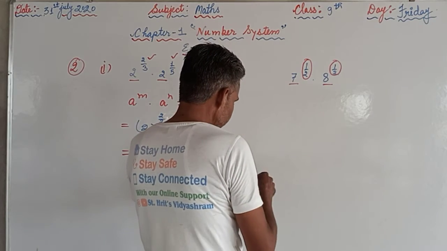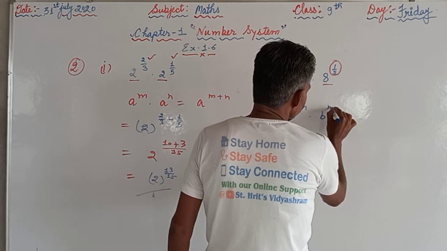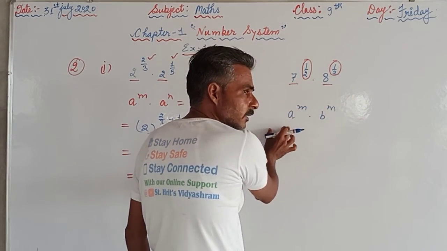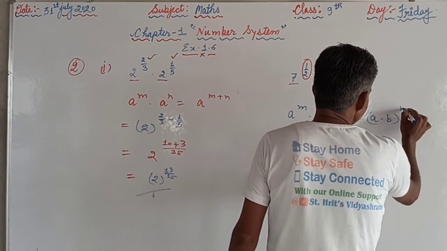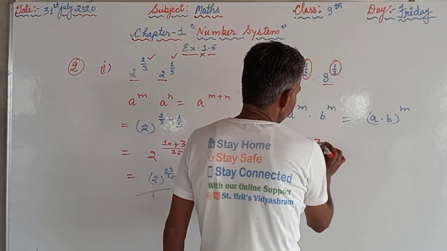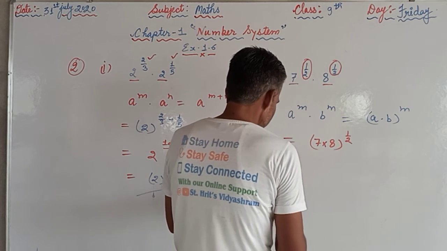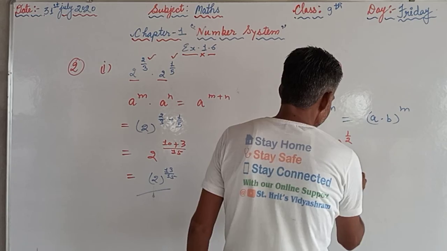So if it is like that, a raised to power m into b raised to power m, means the exponents are same and the bases are different, then we can say a into b raised to power m. So here the answer will be 7 into 8 raised to power 1 by 2 and the answer will be 8 7s are 56, 56 raised to power 1 upon 2.